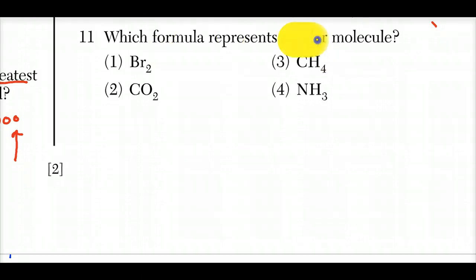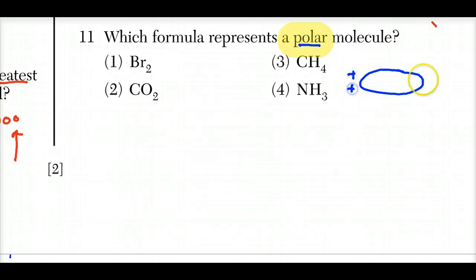Now polar means you are making 2 different sides of a molecule having different charges. So you're going to have a side that's a little bit positive and a side that could be a little bit negative. The only way to do that is to have an unequal distribution of electrons between the nuclei that are bonding.